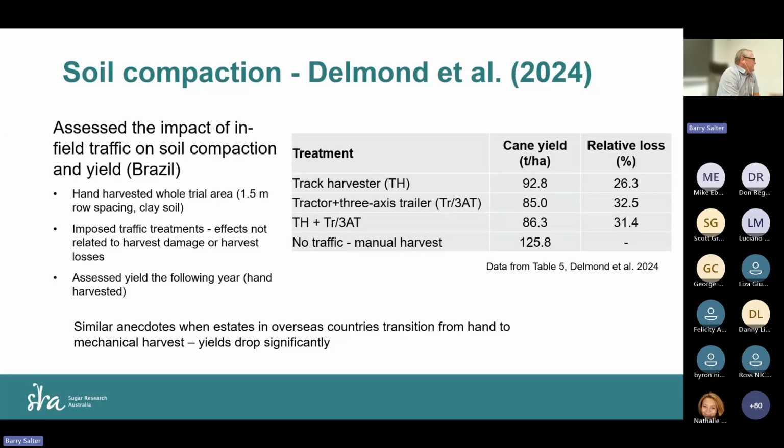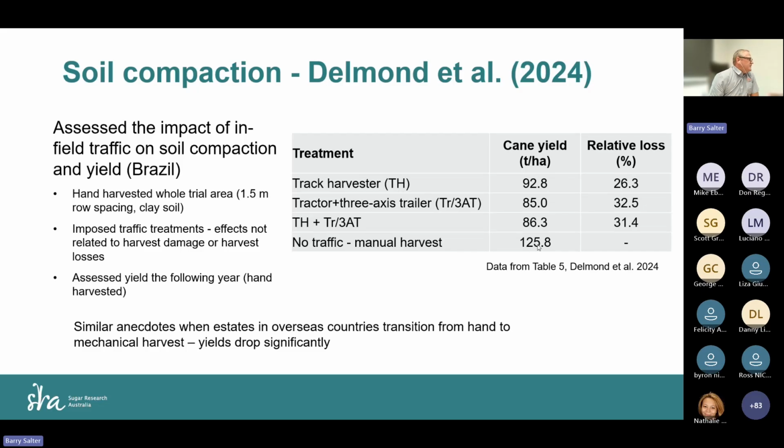I should say that the effects I'll talk about are not related to harvester damage or harvest losses, because they actually harvested the cane by hand before they put the traffic into the system. They literally just ran these machines down the rows without harvesting.